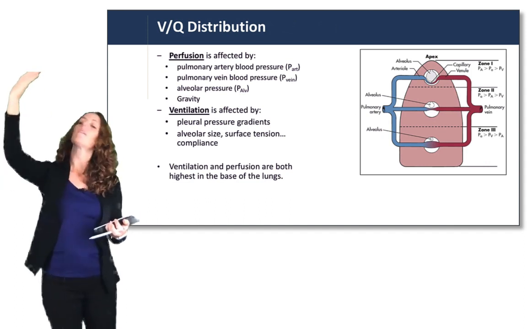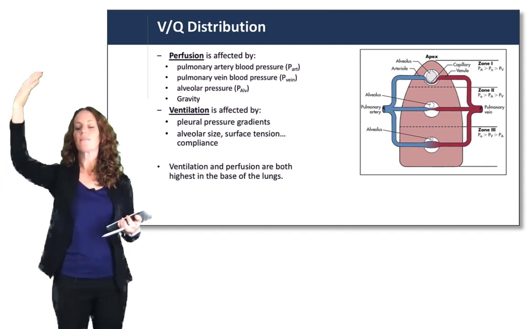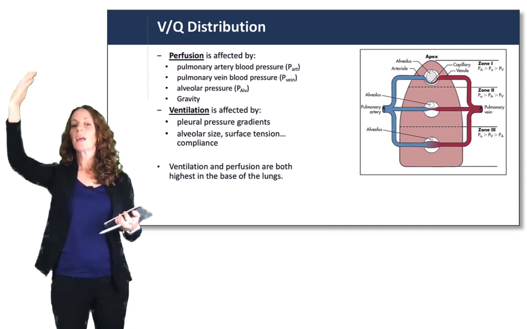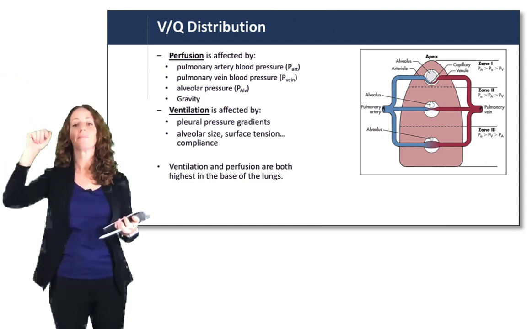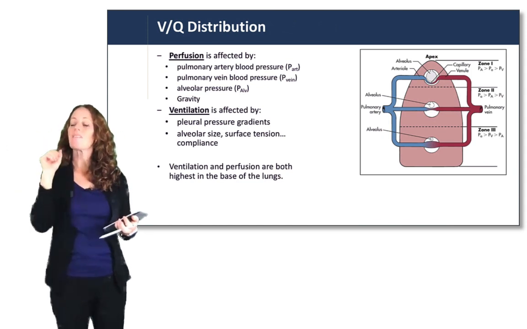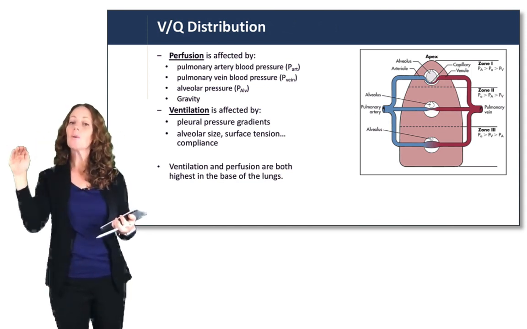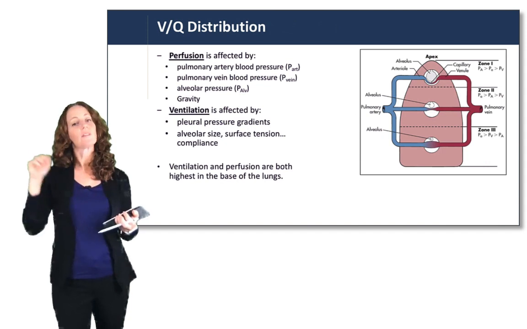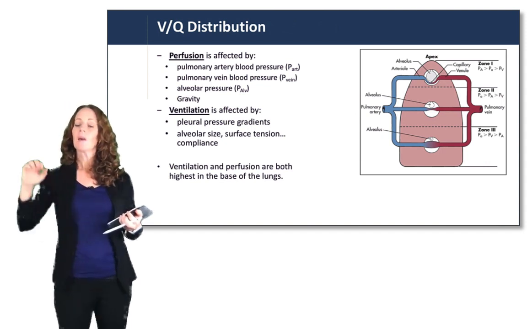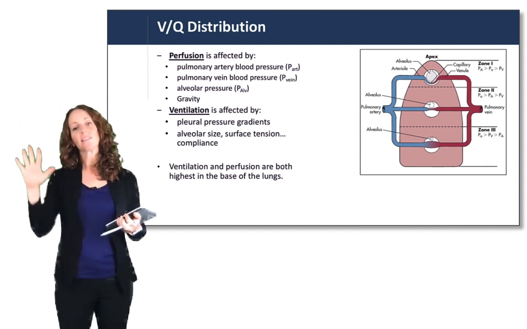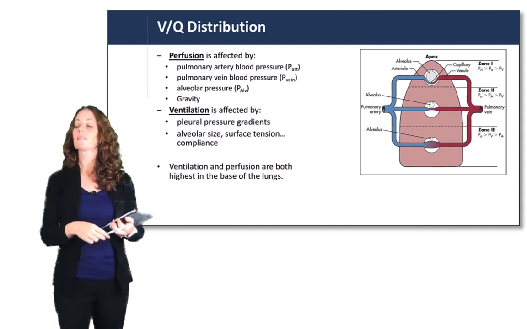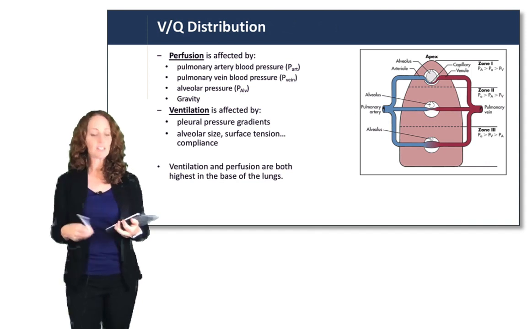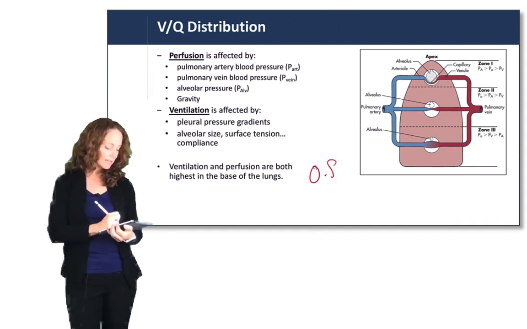The apex of the lungs has lower perfusion to its alveoli, and it has a skewed ventilation-perfusion ratio because of that. The middle zone of the lungs is approximately equal. Ventilation and perfusion are about the same. When we average out the difference between the apex, the middle portion, and the base of the lungs, we get a ventilation-perfusion ratio of about 0.8.